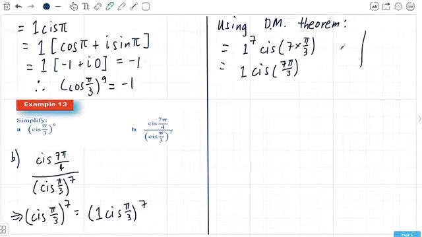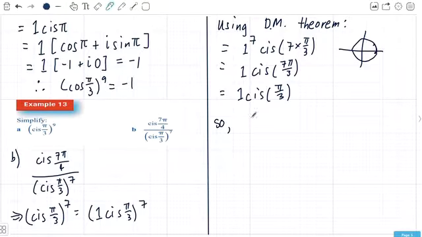And you want to think about where 7 pi on 3 is. We know that 6 pi on 3 would be all the way here to 2 pi. So 7 pi on 3 is actually the same as pi on 3.